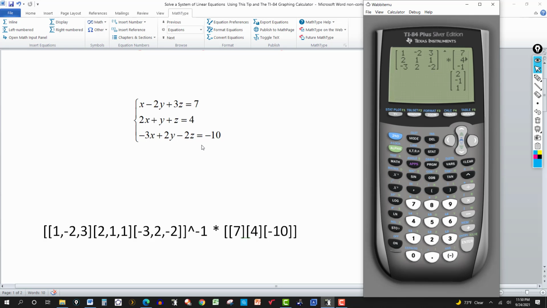And notice I didn't access any other menus other than numbers here. Of course, the brackets, comma, and so forth. And you got the solution. And again, I want to point out that there are other ways you can get the solution by accessing the other menus, kind of like what I did on the matrix algebra video that I did previously.